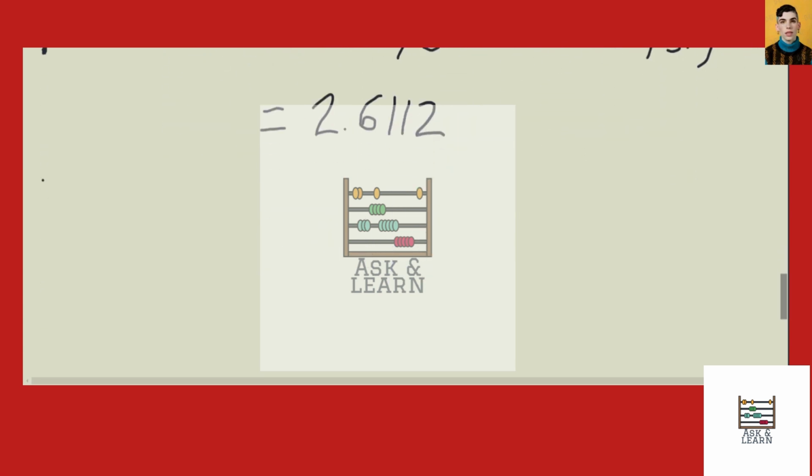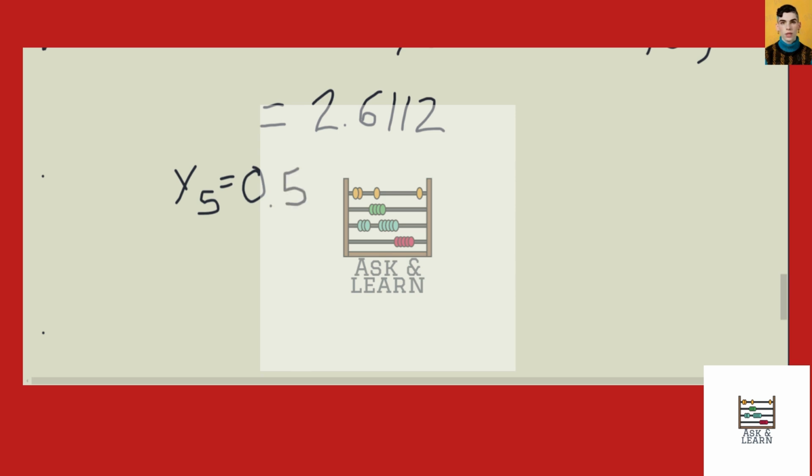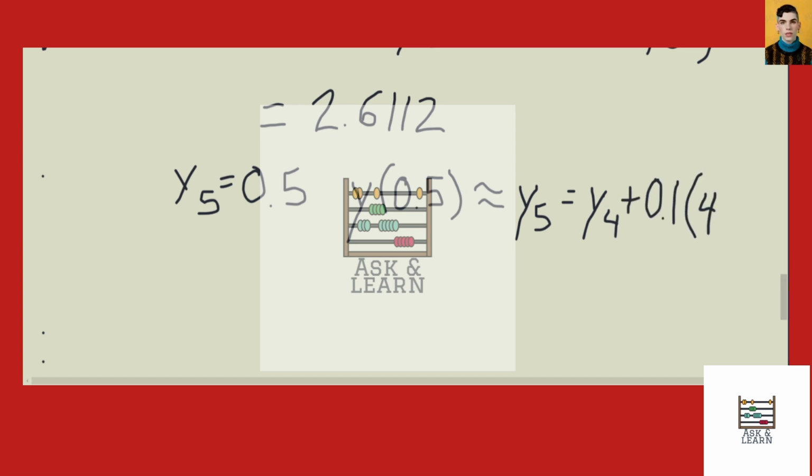And finally, in step 5, we have x5 is equal to 0.5, and we have as an approximation y(0.5) is about equal to y5, which is equal to y4 plus 0.1 times 4 times (3 minus y4).